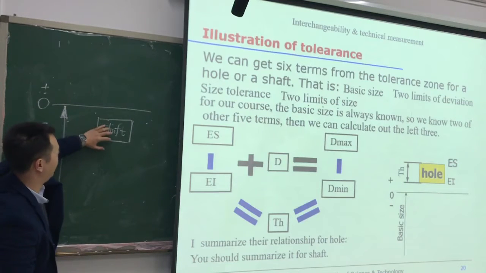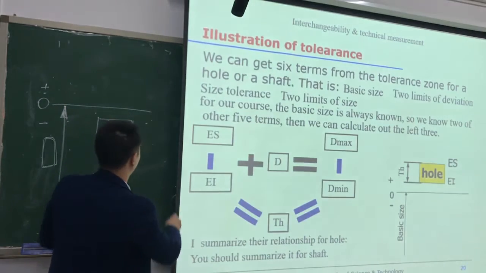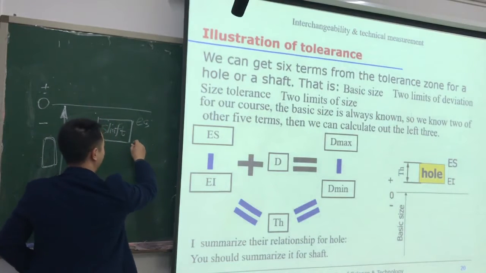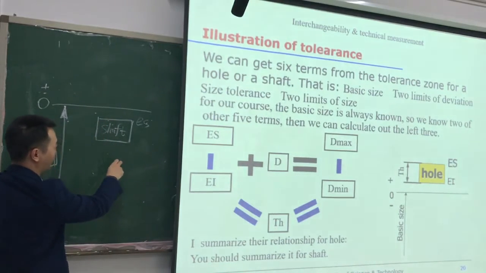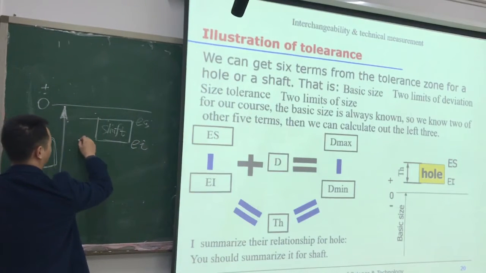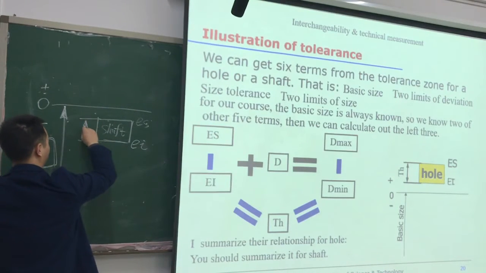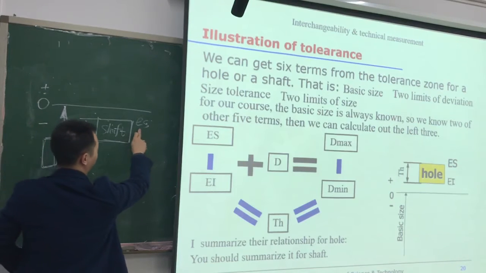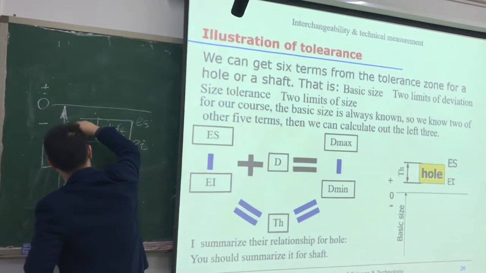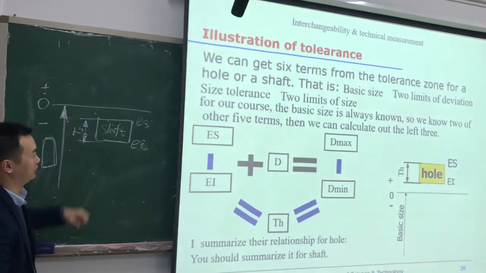You can write shaft here to represent it's the tolerance zone for the shaft, and its upper deviation is the lowercase es, and its lower deviation is the lowercase ei, and you can also write its tolerance is this value. You can use the lowercase es minus ei to get the tolerance. It's the Ts. T means the tolerance. S means the shaft. Okay.